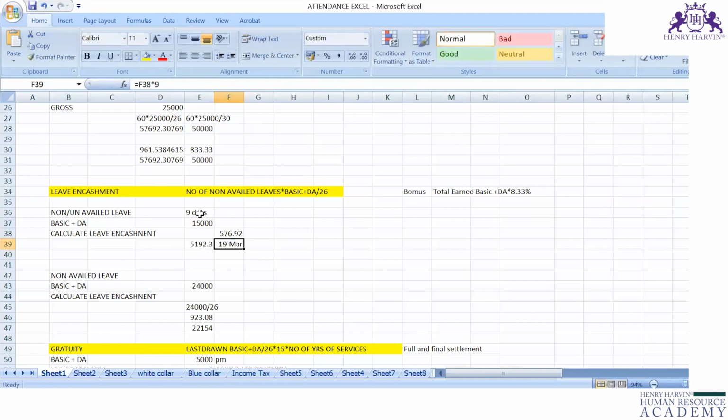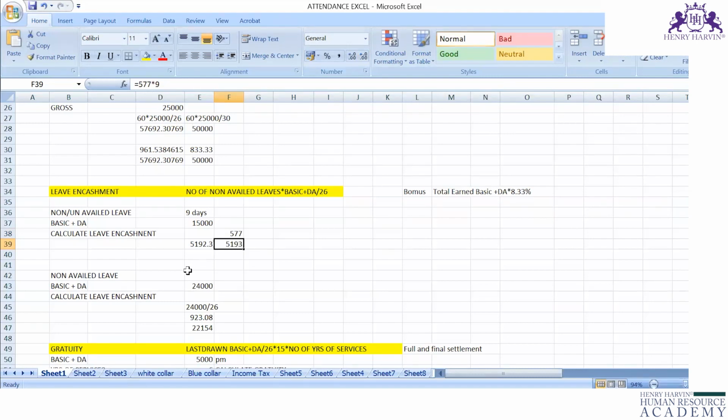What happened to this? It's not coming. 576 into 9, you will get 1 day basic plus DA into 9, you will get 9 days basic plus DA.